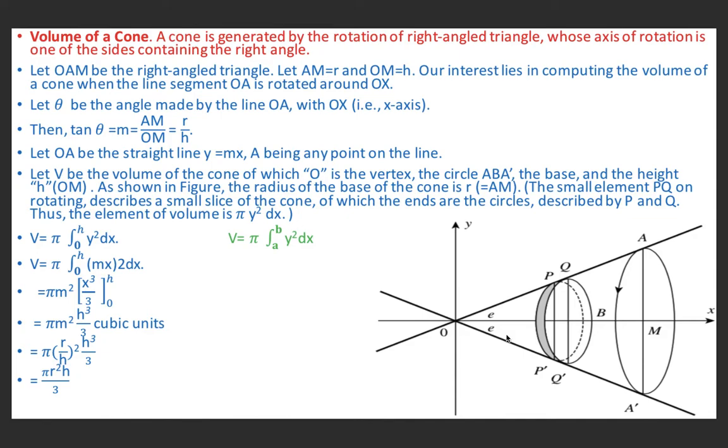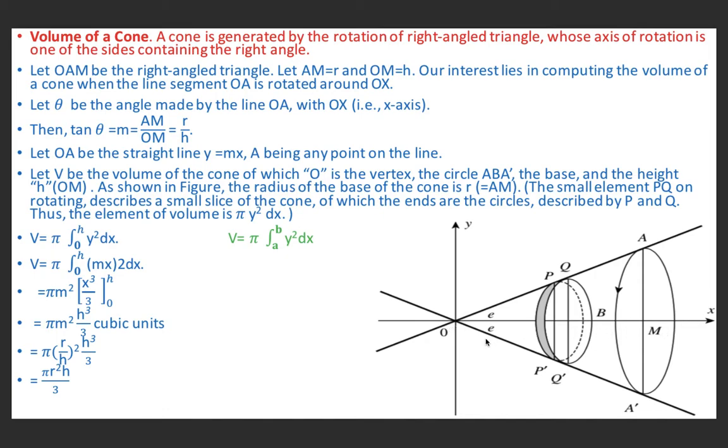mx. Let V be the volume of a cone of which O is the vertex and the circle A, B, A dash, this circle, is the base, and the height is this OM.